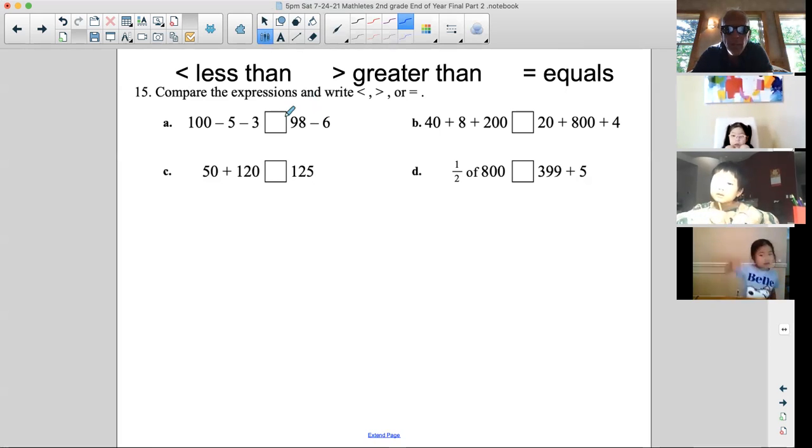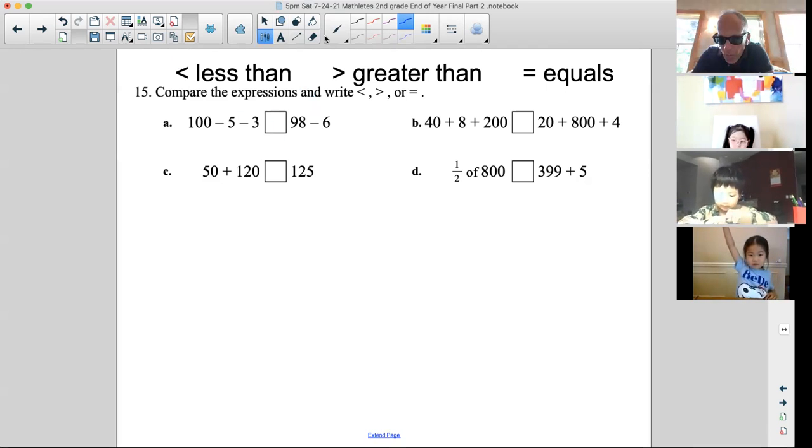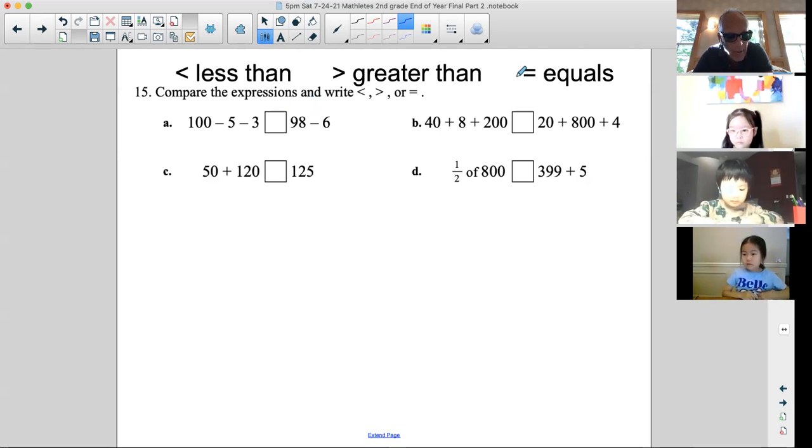Okay, what symbol would go here? Less than, greater than, or equals? Eleanor knows. Catherine, are you thinking about this? What do you think, Catherine?